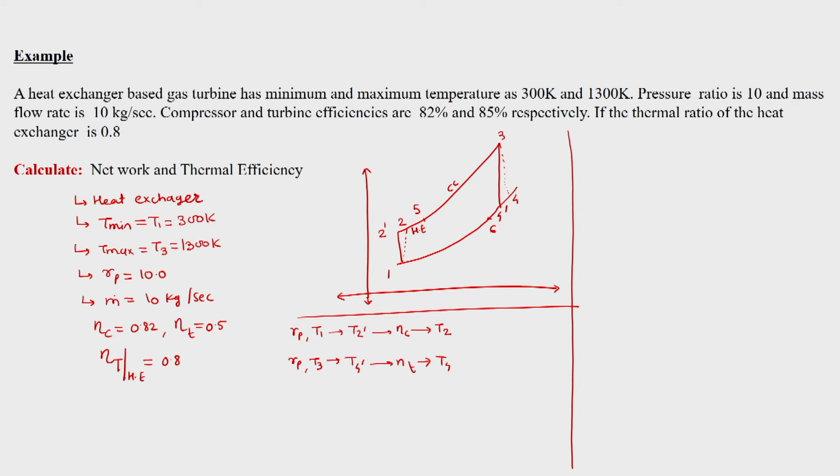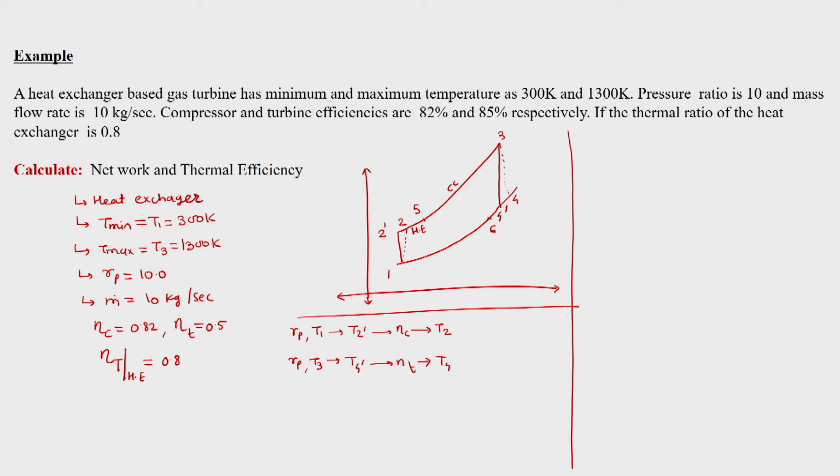Turbine efficiency, which is the isentropic efficiency, is equal to actual turbine work divided by maximum turbine work. Actual turbine work is T3 minus T4, maximum turbine work is T3 minus T4 dash. Only T4 is unknown, so we can find it out.